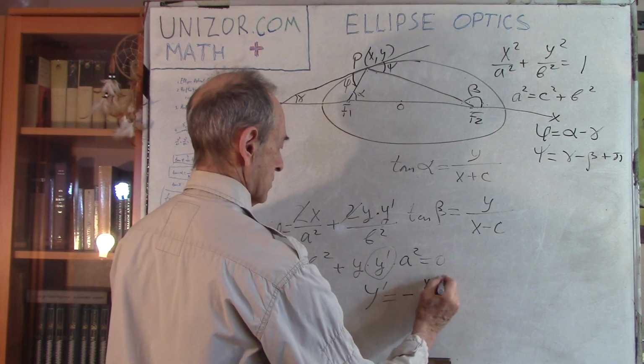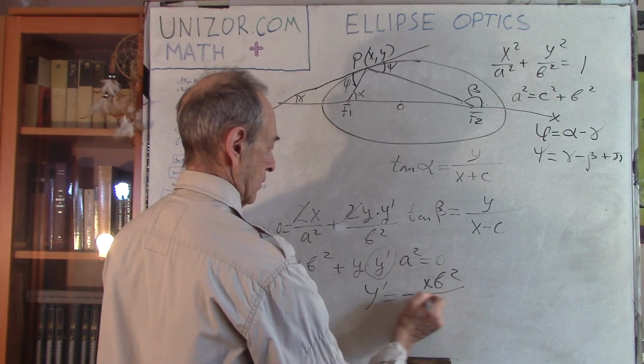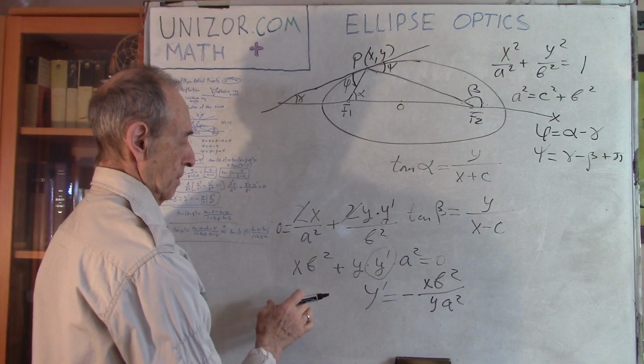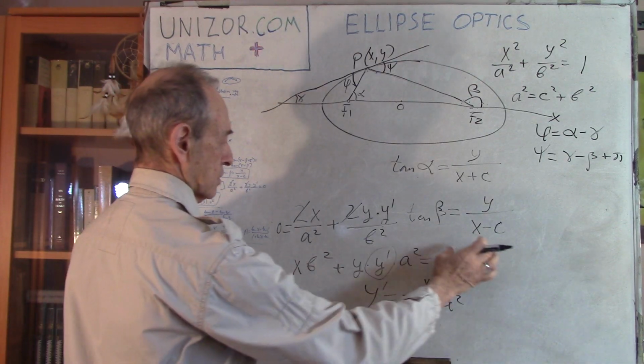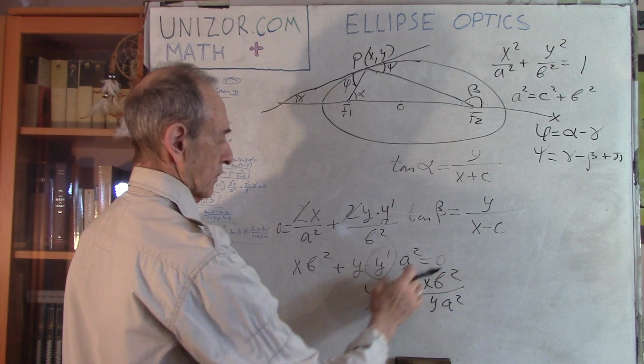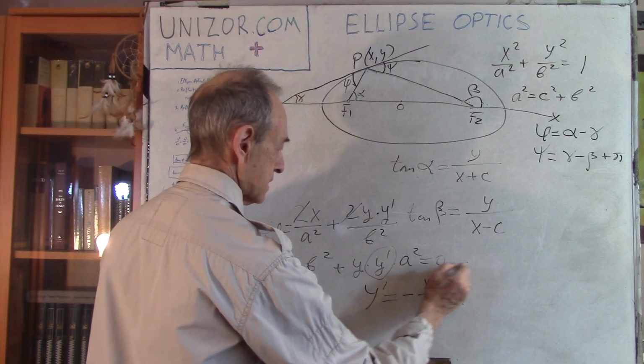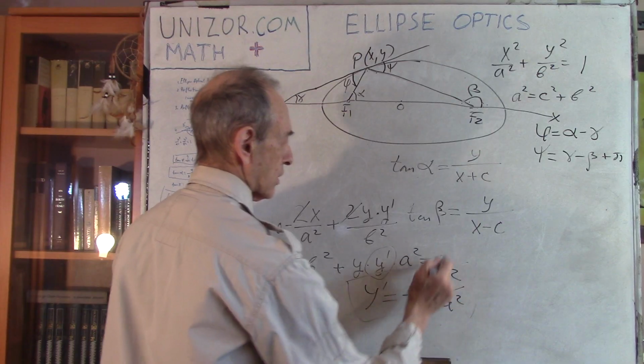Minus x b squared divided by y a squared, right? So you put x b squared to the right with a minus sign, and then you just resolve it for y prime. So this is the formula for the derivative.